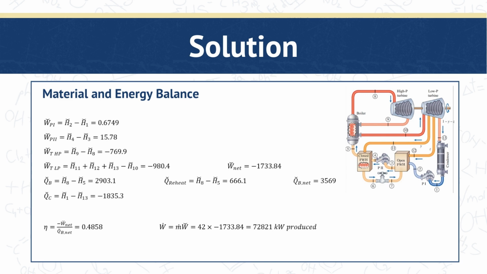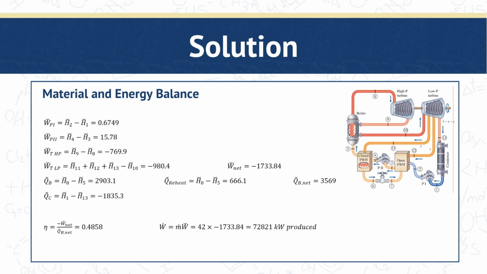So again, we calculate using the same method for the boiler and condenser heat energy. For the boilers, which include the mainstream or stream 5 and stream 8, and the reheating, which is stream 9 and stream 10, as you can see, the values are positive, meaning that they require heat.